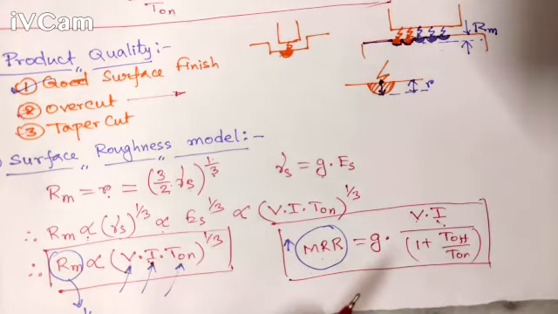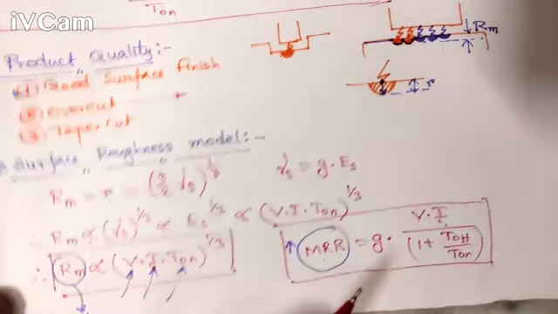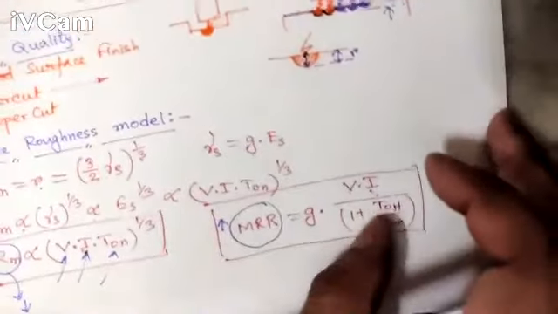Then what about dimensional accuracy? Because of this overcut, we need to choose the tool design in a proper way. A tool has to be designed properly. I will come to this overcut first.